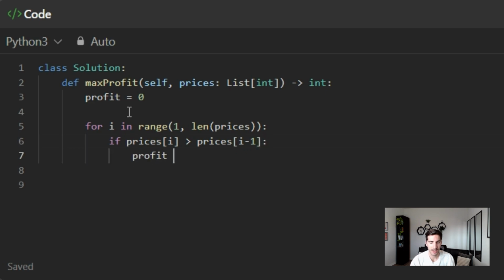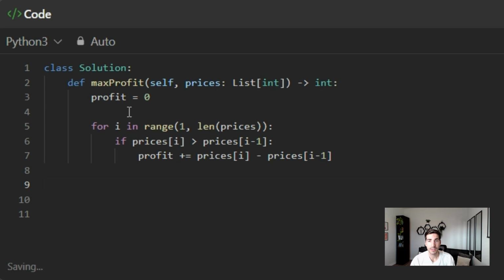So we will say profit plus equals the difference between prices[i] and prices[i - 1]. Let me make sure I have my subtraction here. Now that we have this written out, we're actually going to return profit at the end, because that will be our total amount that we want to return.